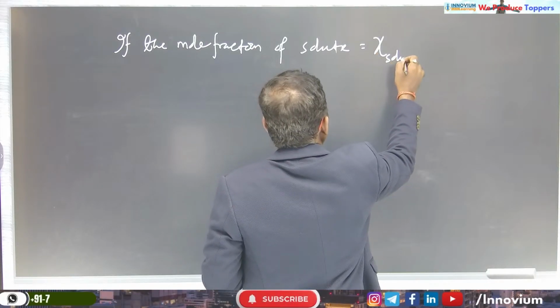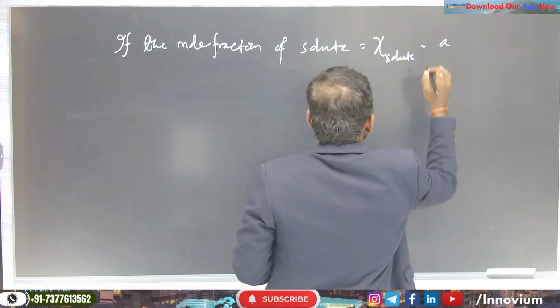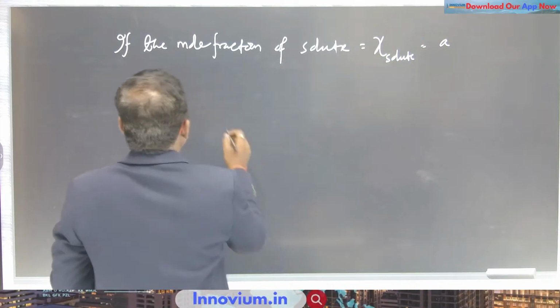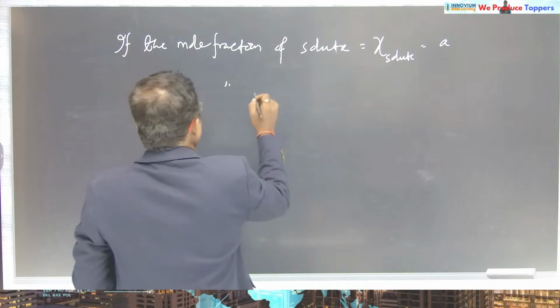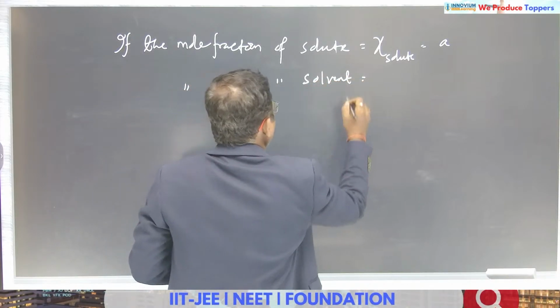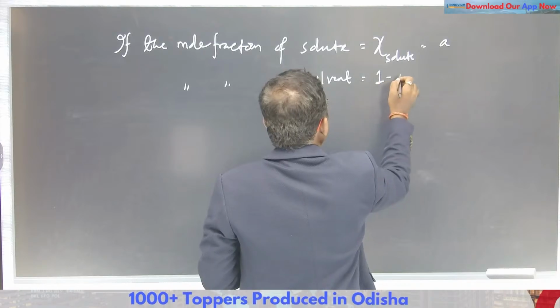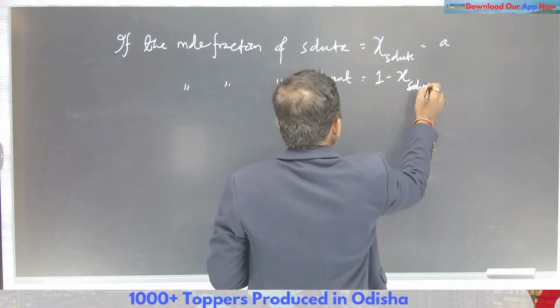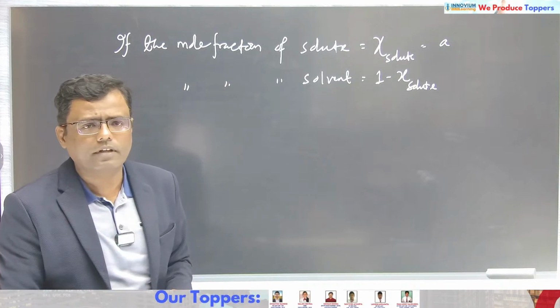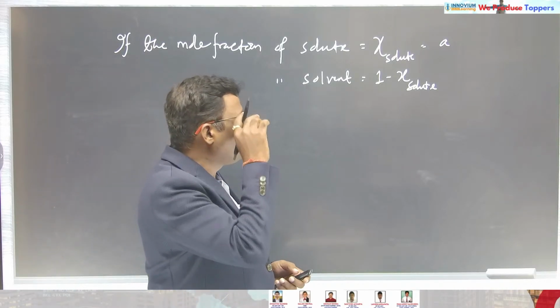This one, chi solute, that is given as A. So mole fraction of solute is given as A, and mole fraction of solvent will be what? That is 1 minus mole fraction of solute, because you know that the sum of mole fraction of solute and solvent together will be equal to 1.